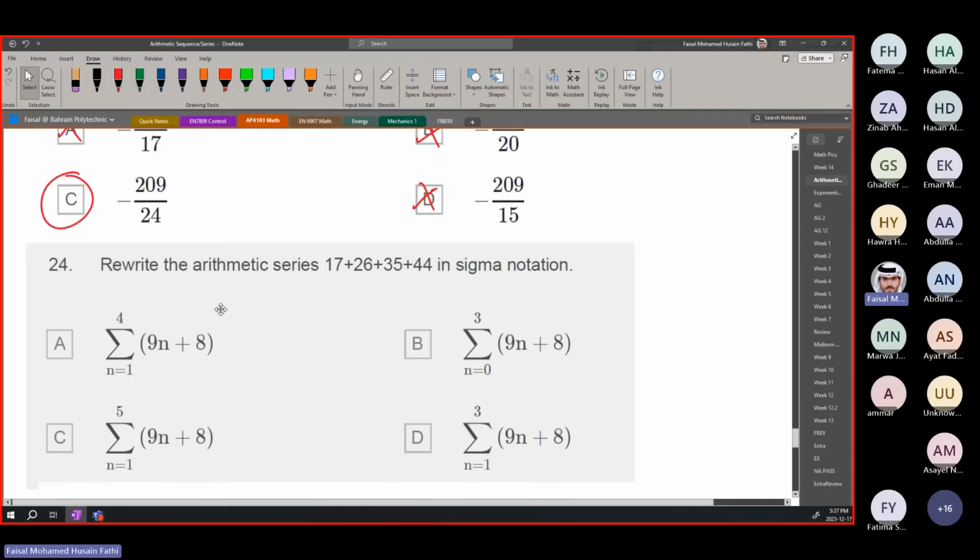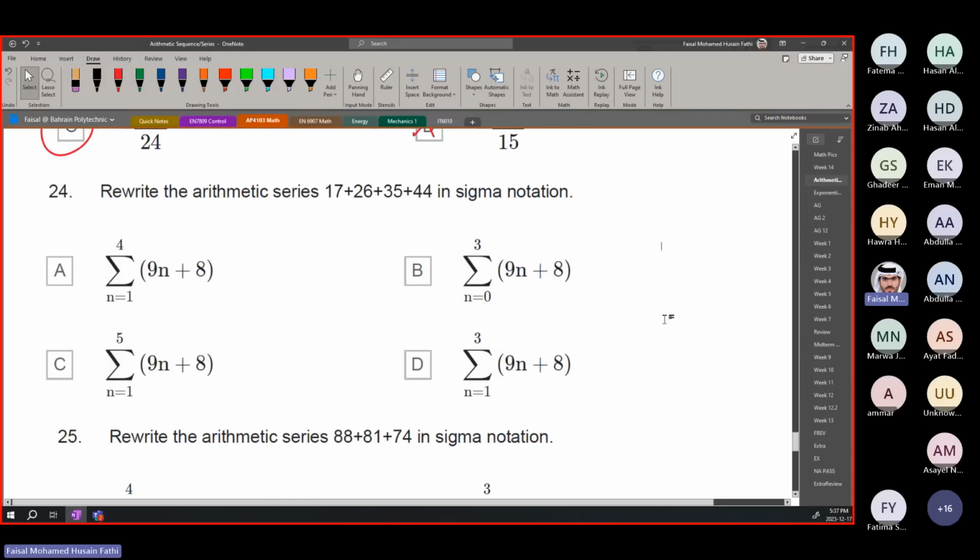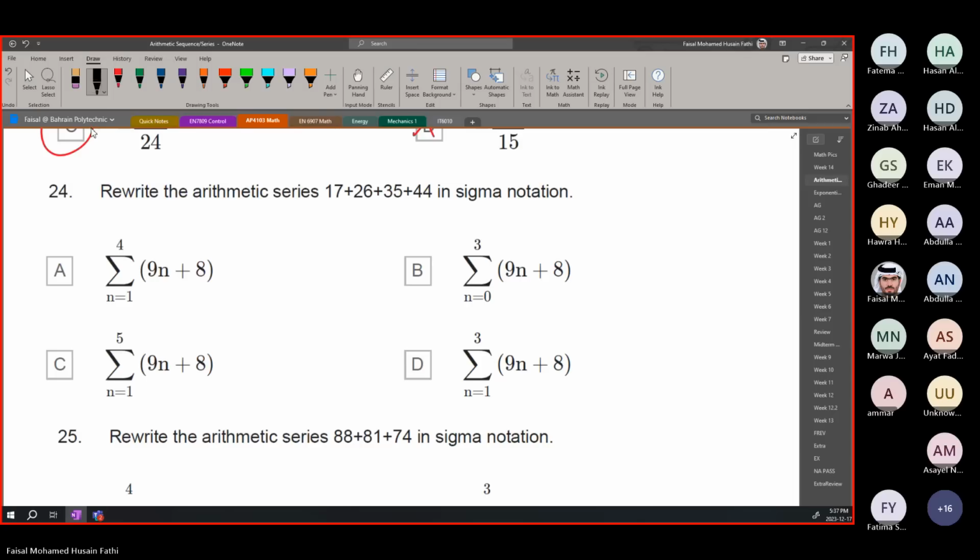Moving on to the next question. This is the one where you need to focus up a bit, because I did not cover this concept when teaching it, but it's very straightforward. Rewrite the arithmetic series, we know it's arithmetic, in sigma notation. First step in solving any arithmetic series: what is your A1 and what is your common difference?